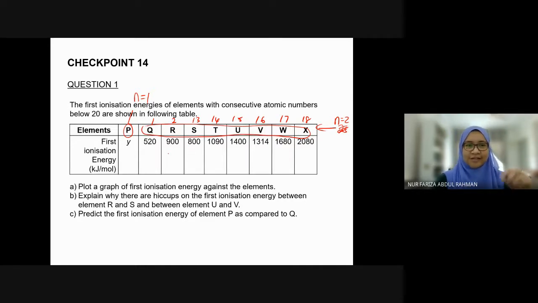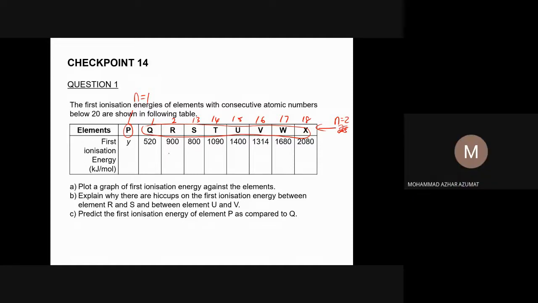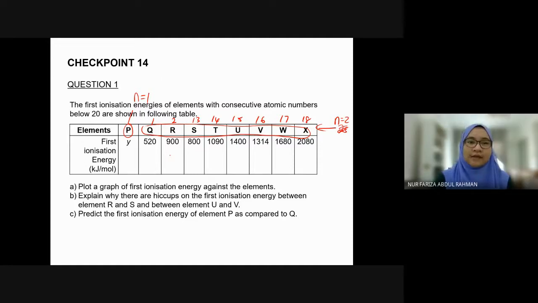Okay, kalau dia has lower n, that means dia punya number of shell is lesser kan? Number of shell is lesser. Bila number of shell is lesser, apa yang kurang dekat situ? Shielding effect. Yes, shielding effect. And then the distance between the nucleus dengan the valence is now closer.